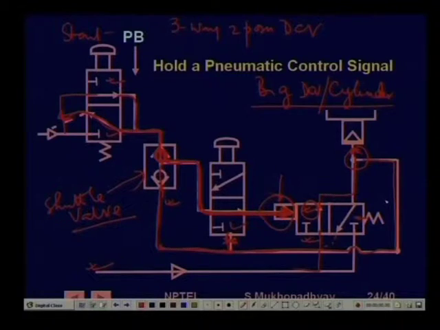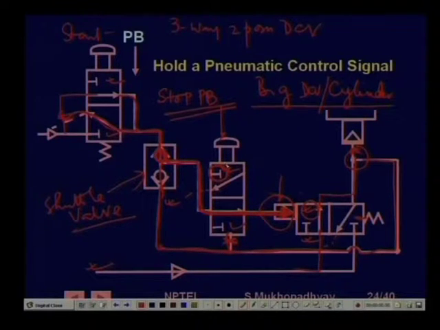Now, if you want to reset this, how do you come out of this? You press this push button, this is the stop push button. The moment you press this, this valve is going to shift here. Then this is going to get exhausted. Now this gets exhausted and this line which was coming through this gets blocked here.